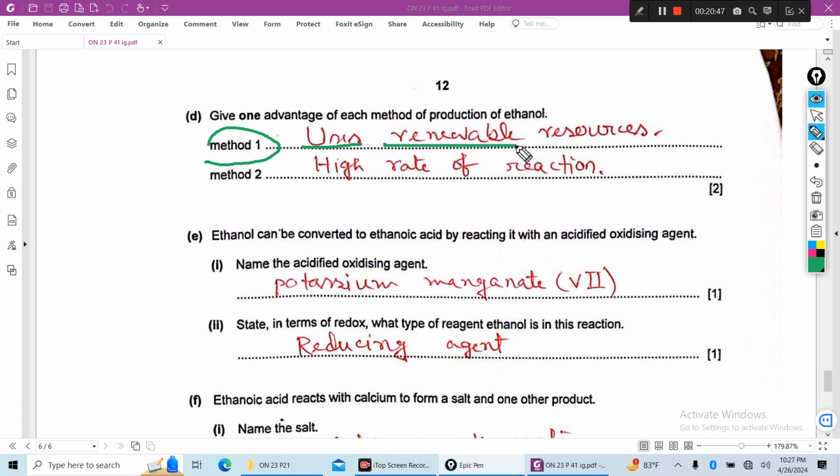Renewable means which can be renewed. Say sugar cane is a renewable resource. Method 2 advantage is high rate of reaction. This is the advantage of hydration.